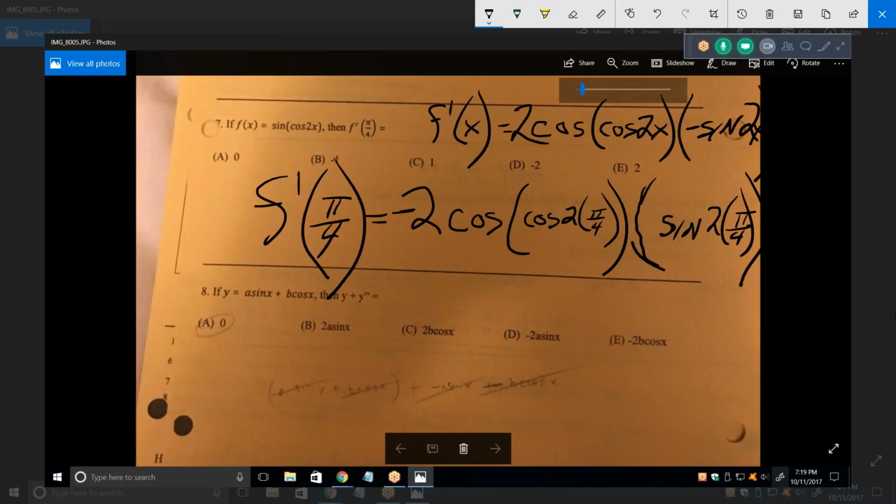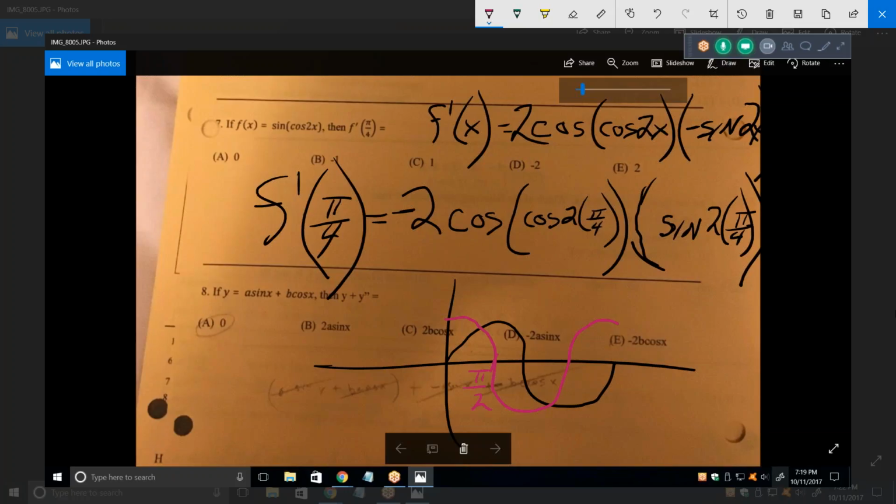Now we can evaluate it. First of all, the cosine of pi over 2. I'm going to draw the sine curve, and then the cosine curve. There's pi over 2.